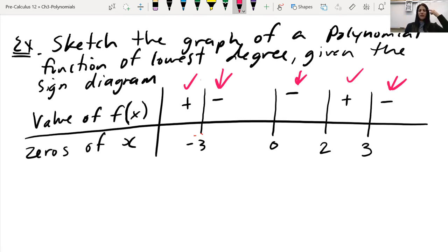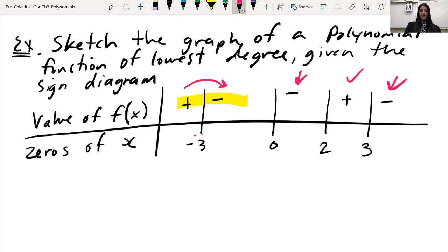So let's zoom in on this portion. In order for the y values to go from positive to negative here, it must have crossed at -3.